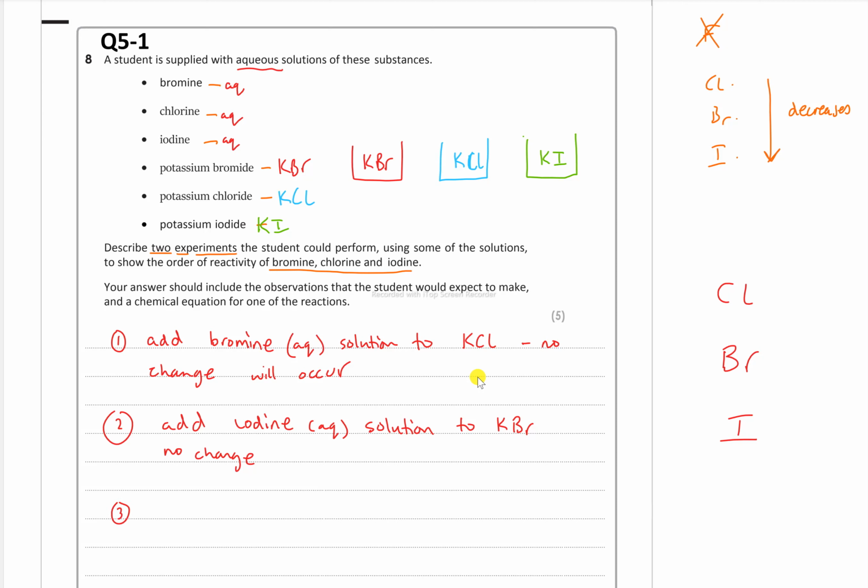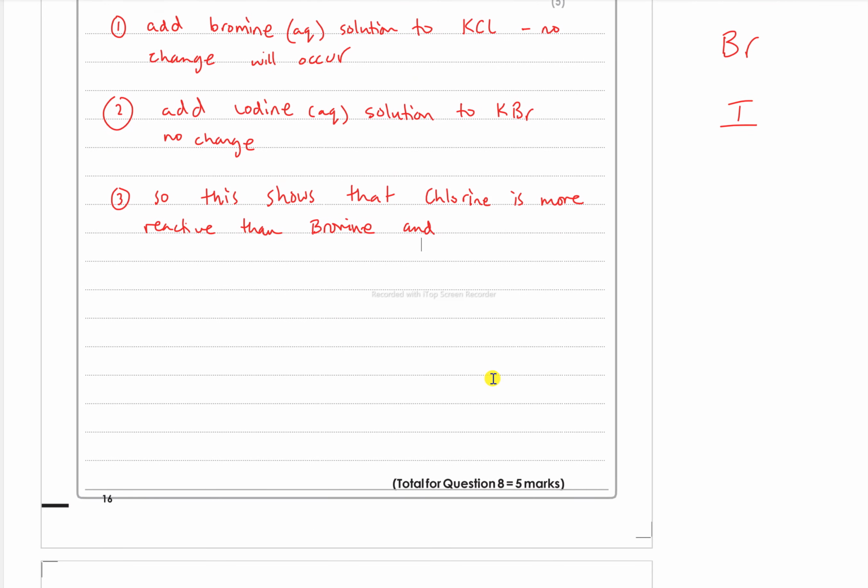So this shows that chlorine is more reactive than bromine, and chlorine, bromine, and bromine is more reactive than iodine.